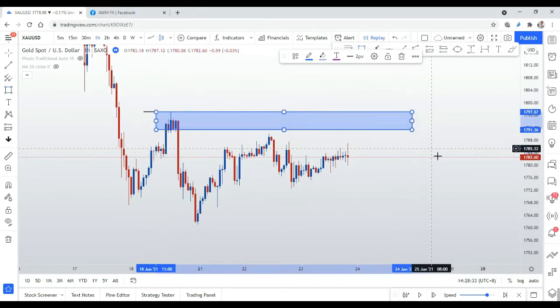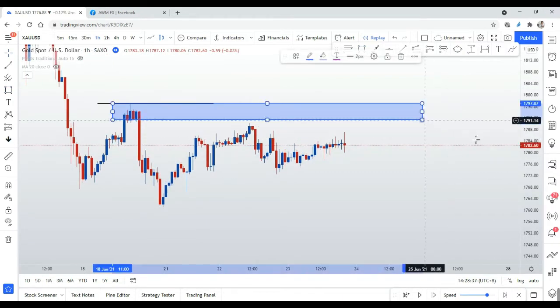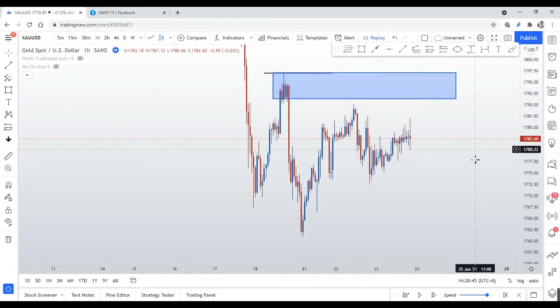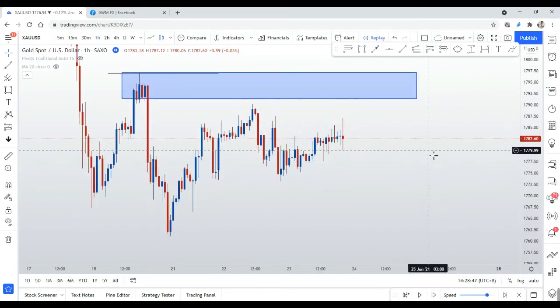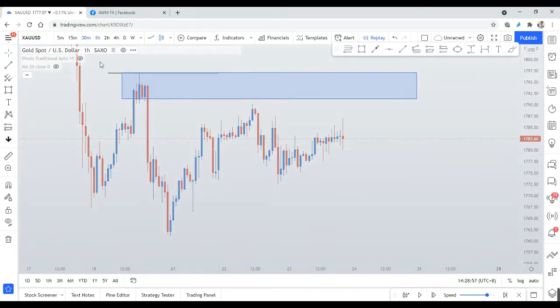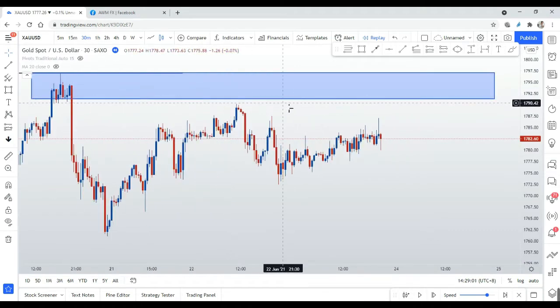The only problem for me is that the zone is very huge, so the stop loss is big. Usually when there is a huge zone, I won't take any trade. I will look at how the price reacts at this zone in a lower time frame. Even if I go into a smaller time frame, the zone is still very big.